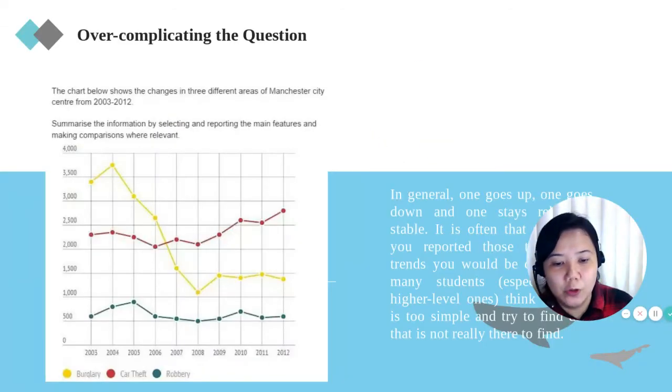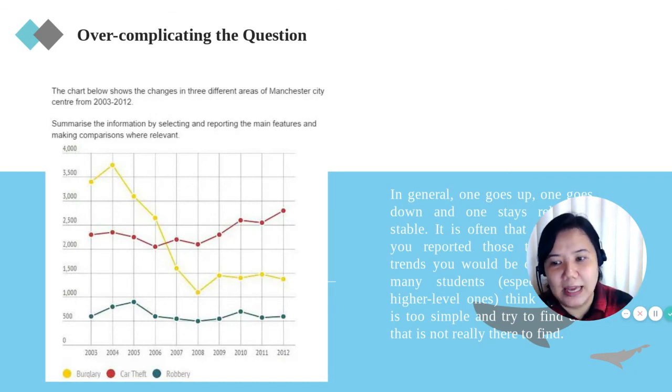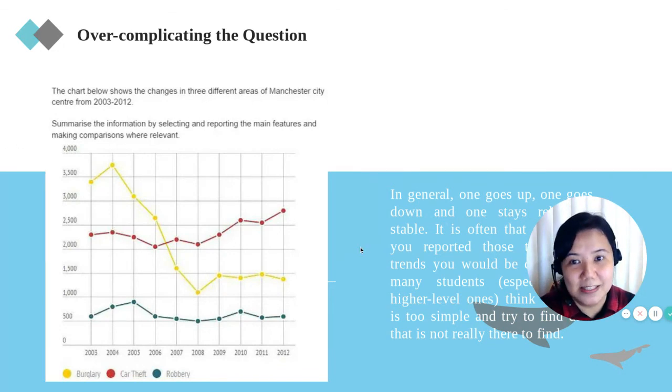If we are going to describe this one, you look at the figure for car theft in 2003, it would be better to say approximately or around 2,300 or just under 2,500 rather than saying exactly 2,300. It's better to say it that way because we don't know what the figures are exactly from just looking at the graph. So you just try to have a rough estimate on that.